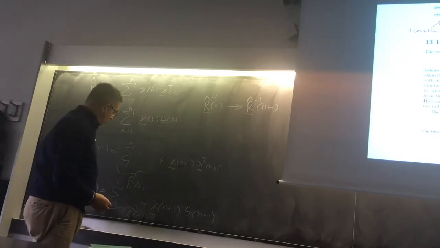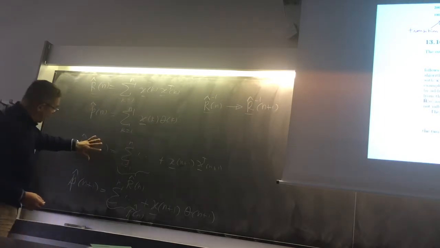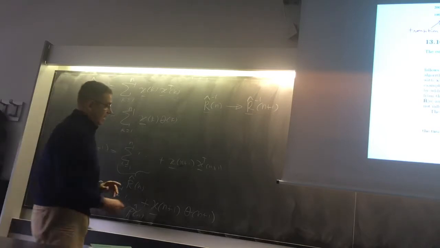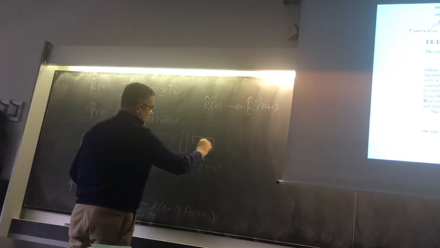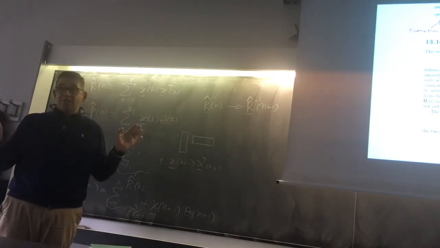If I rewrite this update, the matrix R hat n plus 1 is the matrix Rn plus a matrix that contains one column vector and one row vector, but that's the same vector.